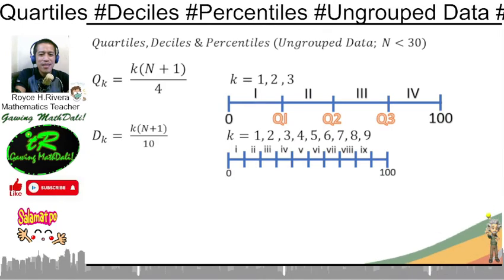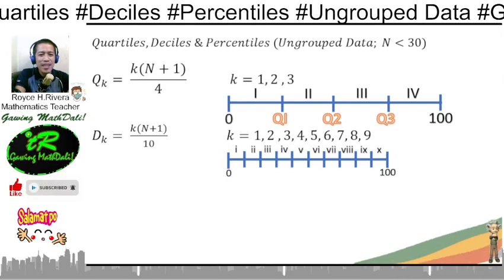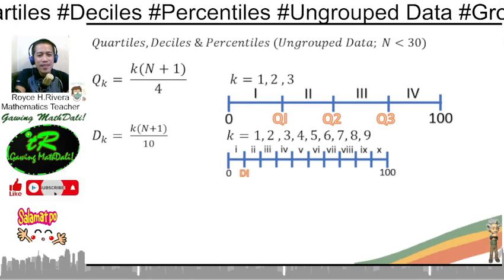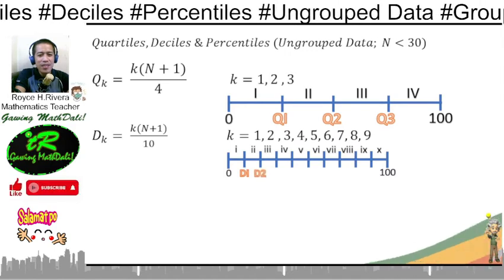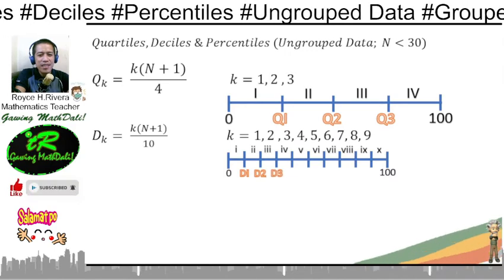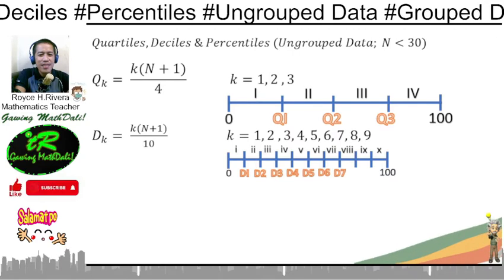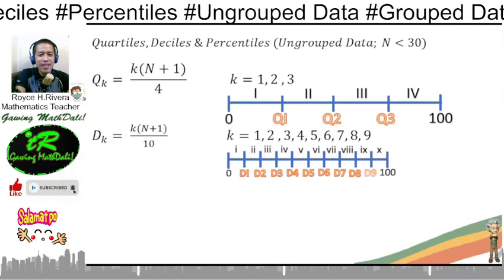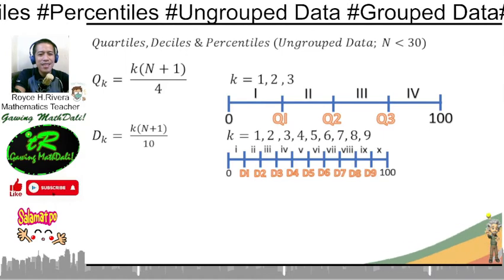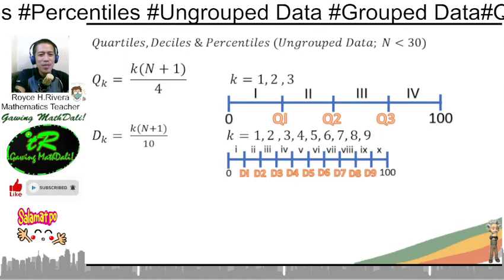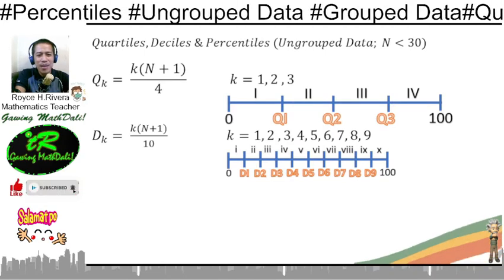Each part is equivalent to 10%. Decile 1, 2, 3, 4, 5, 6, 7, 8, and 9 divide the number line into 10 equal parts.